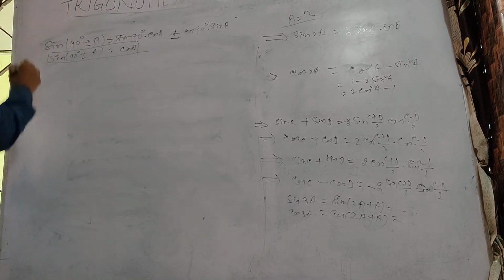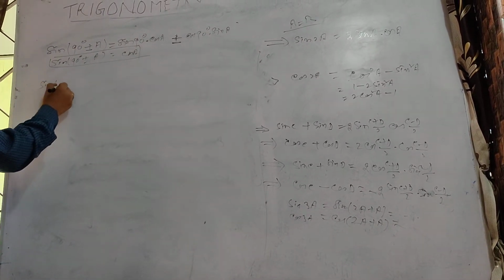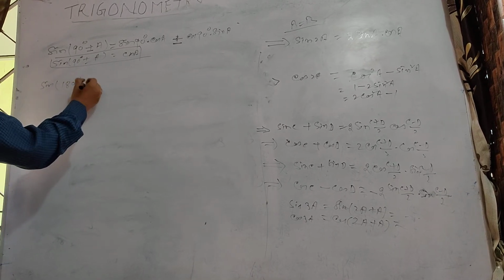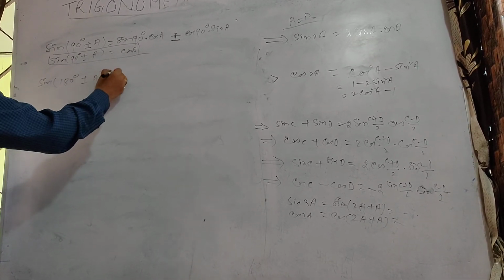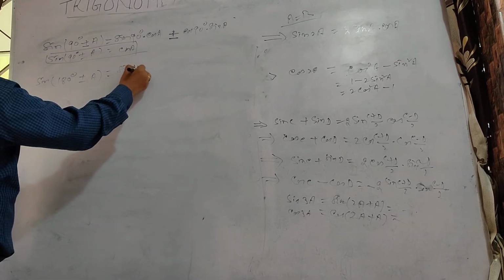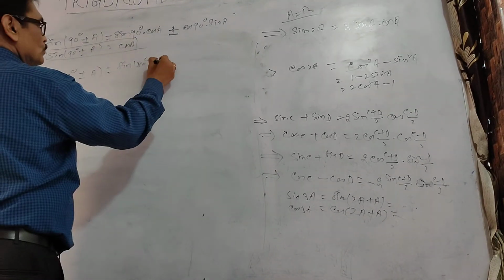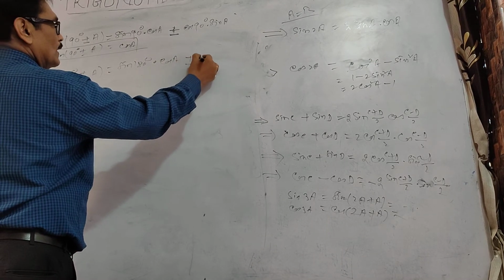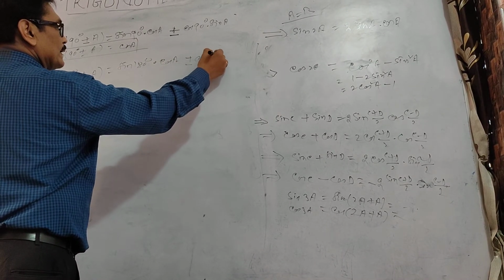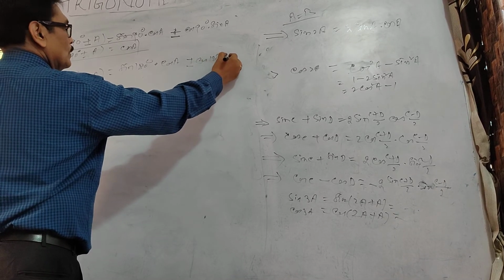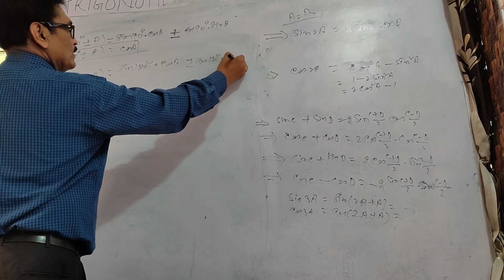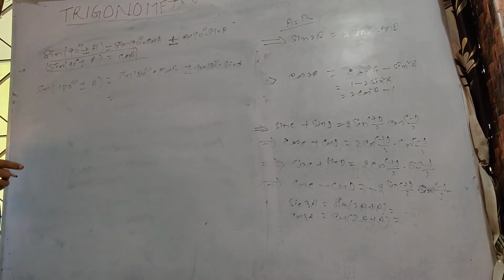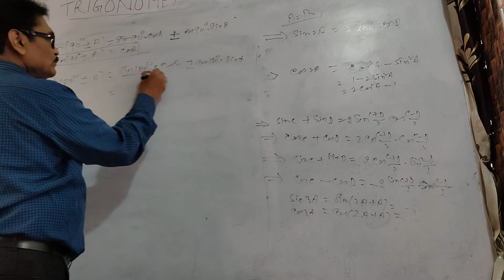Again, we write here sin(180 degree plus minus A) is equal to sin 180 degree into cos A plus minus cos 180 degree into sin A. Sin 180 degree is 0, so this term becomes 0.